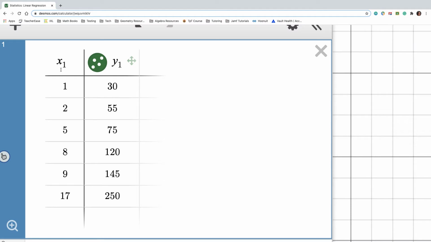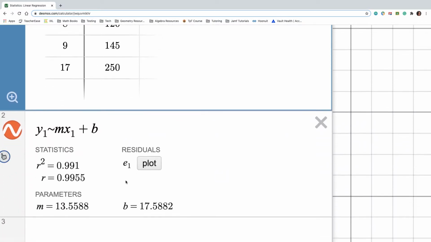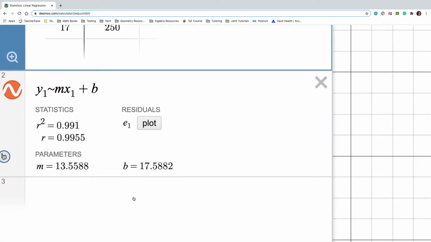Okay, so I plugged all of those points into our linear regression XY table. And like I said, there's a link in Google Classroom that will bring you to this page. I typed in all of those points, and then it gives you a little box that looks like this.